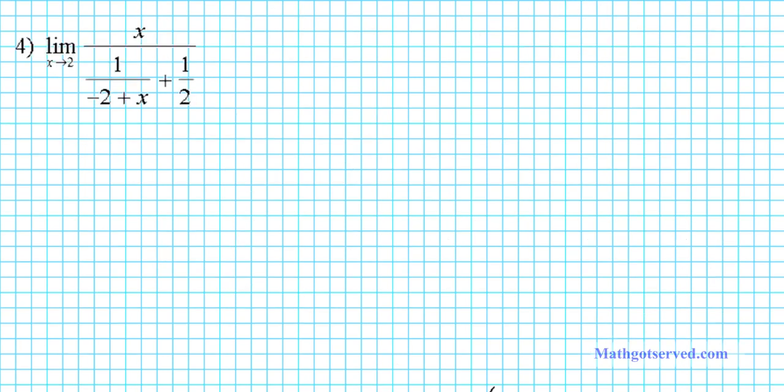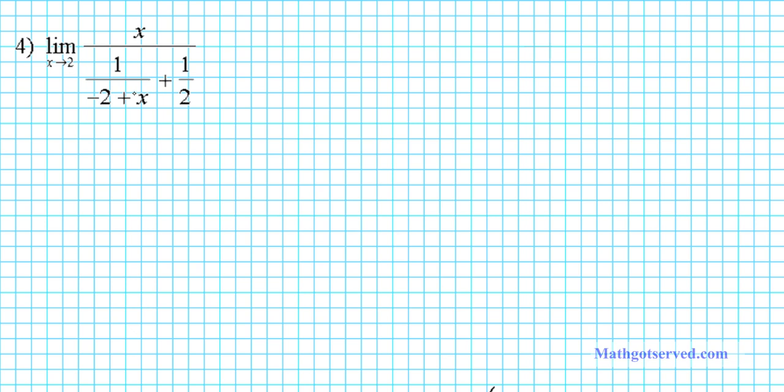Let's take a look at question number 4. For problem 4, we are finding the limit of a rational expression: the limit as x approaches 2 of x divided by (1 over negative 2 plus x, plus 1 over 2). What I'm going to do here is get rid of the denominator in the denominator.